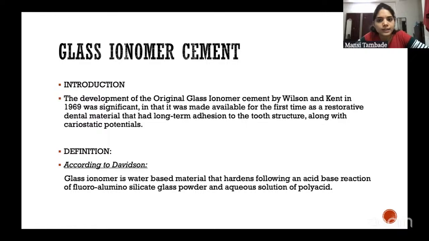Then coming to the glass ionomer cement, this is the introduction. See, in this also, suppose a long note comes, these are the headings you should use. Introduction is the first, then definition. In this you need to give it in short, because the question paper will have marks. So however many marks you have, it is important to cover a little part of everything.